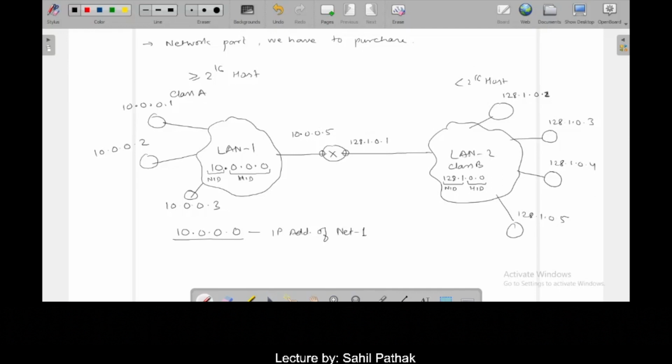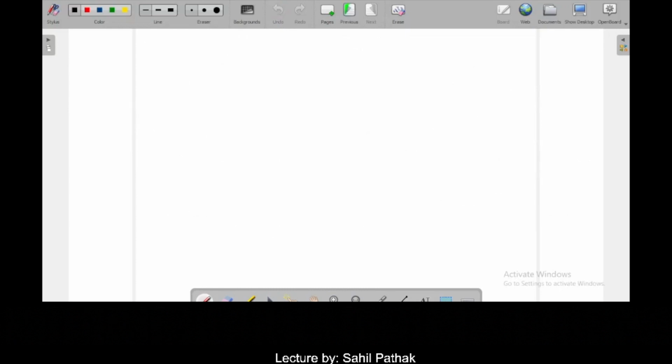And you can see how these IPs are distributed on the next page. 10.0.0.0, here you can see in the host part, if there are all zeros, that means in any IP address, then that kind of IP address is the IP address of the network, or simply we can also call it network IP.